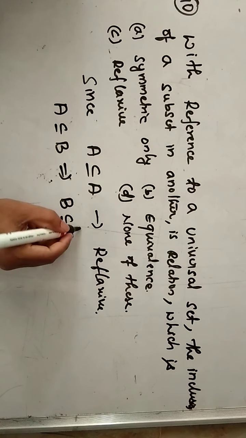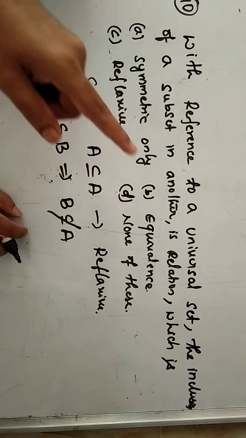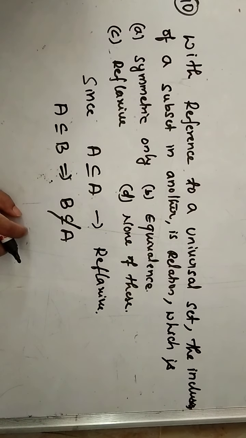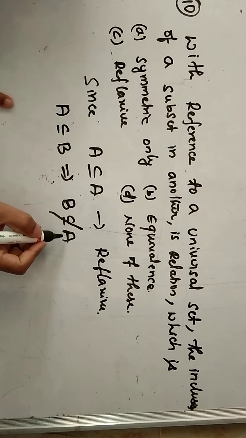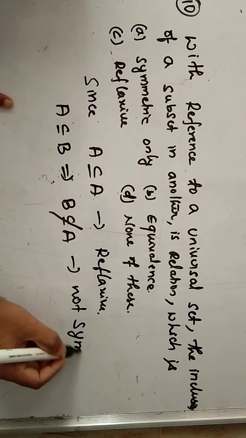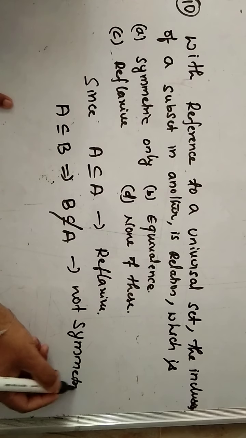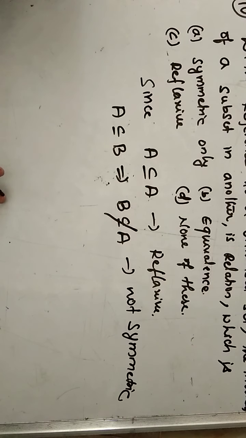No, it is not possible. {1, 2, 3} is a subset of {1, 2, 3, 4, 5}, but {1, 2, 3, 4, 5} is not a subset of {1, 2, 3}. Hence A is a subset of B, but B is never a subset of A. Hence it is not symmetric. Next, let me see about transitive.